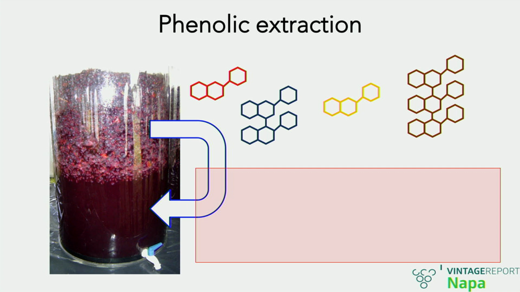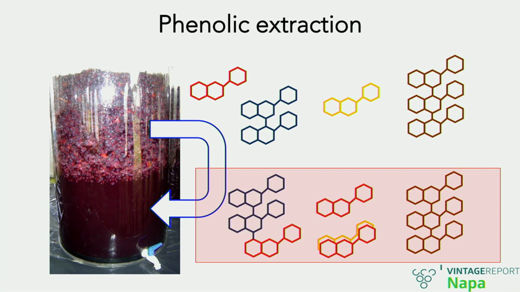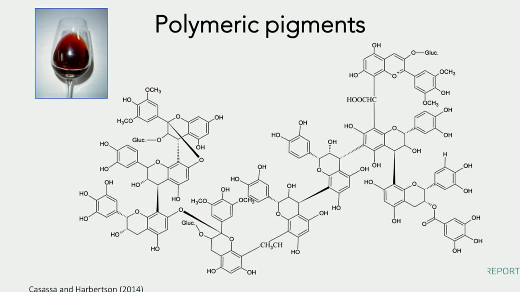Probably the most important compounds, as an example of the fact that wine is a chemical train wreck, are the so-called polymeric pigments. Probably all of you have heard about these polymeric pigment compounds. And here is a polymeric pigment. Not that you need to know the structure, but the point here is that these polymeric pigments are mostly composed of tannins. They have anthocyanins, and therefore they have color.